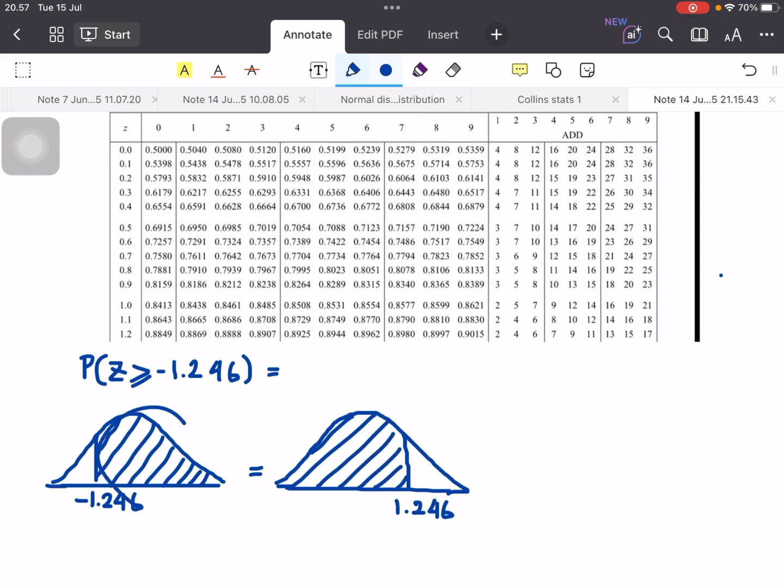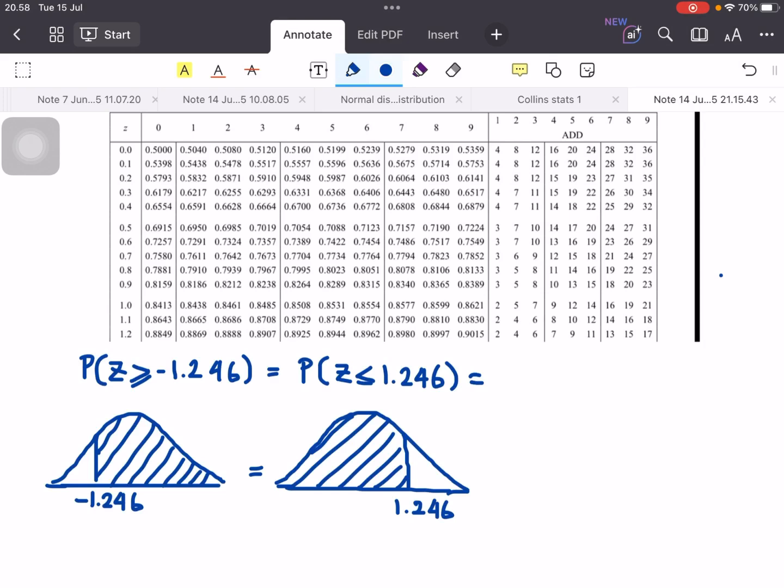Remember, this region and this region have the same area since the curve is symmetrical. So it is easy to understand that the probability that z is greater than or equal to negative 1.246 is the same as probability z is less than or equal to 1.246. If you don't understand, please see this diagram.